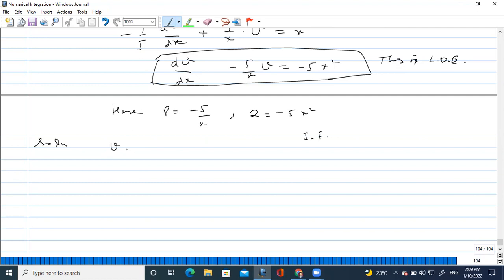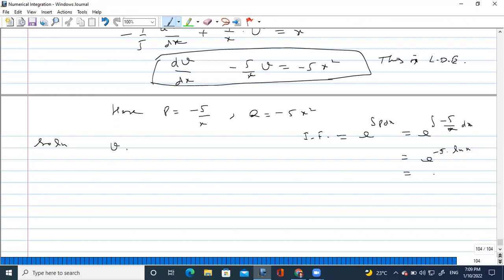So the integrating factor will be e to the power integral p dx, e to the power integral of minus 5 by x dx, e to the power minus 5 times integral 1 by x, which is ln x.